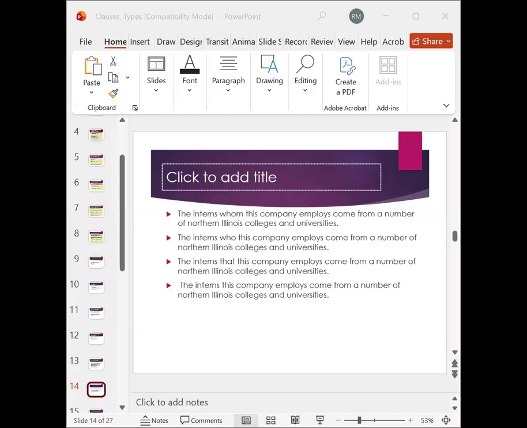The interns this company employs come from a number of Northern Illinois colleges and universities. In grammar, this is what we call the missing that clause. In this context, that has been taken out and the sentence is still meaningful. If we put that there, the sentence will still be meaningful.